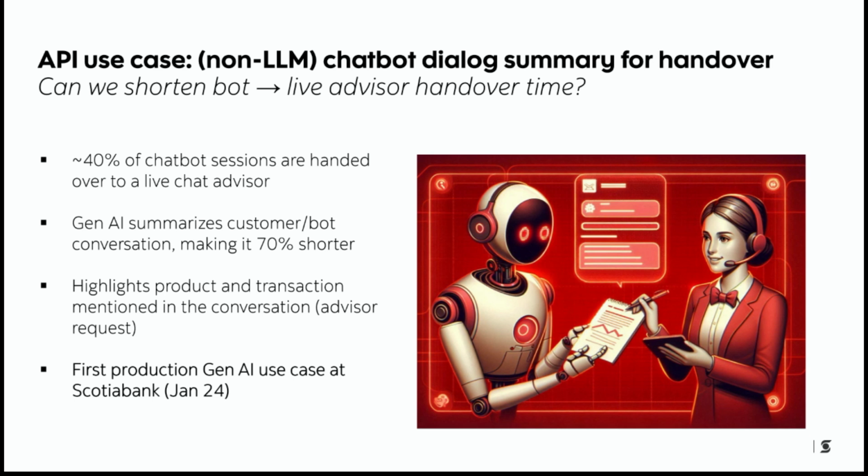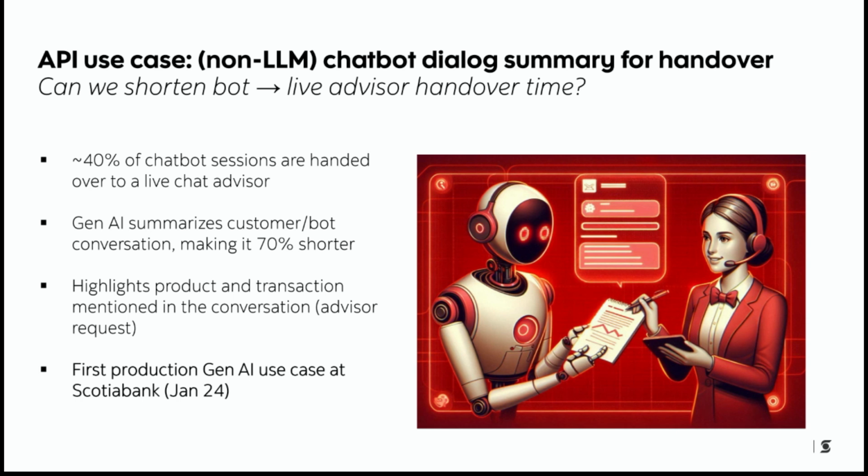So we used to give the live chat advisor the transcript of the customer bot session, so the advisor could read what has happened so far and pick it up from there with the customer. But the transcripts are long and unpleasant. So what we did was use GenAI to summarize those transcripts into a summary that is about 70% shorter, so that's faster to read. But that also is formatted in a specific way that our internal clients, the advisors, asked us to do.